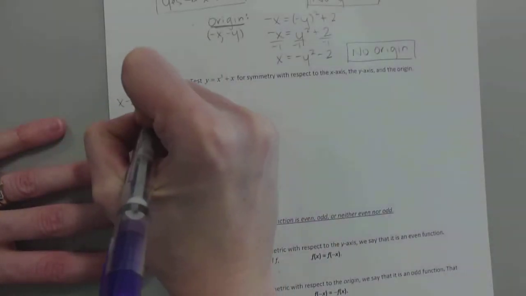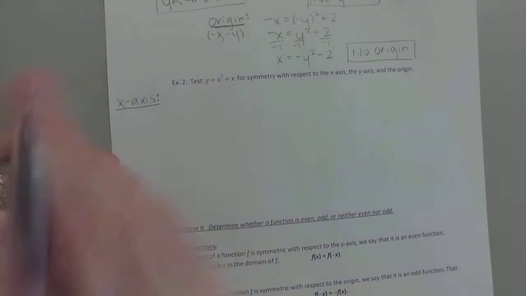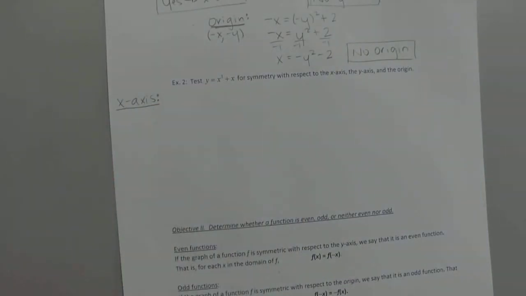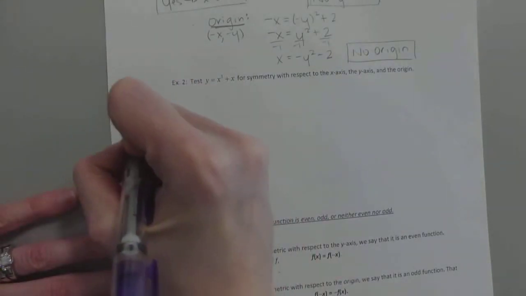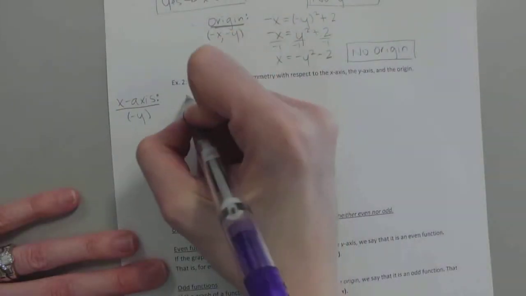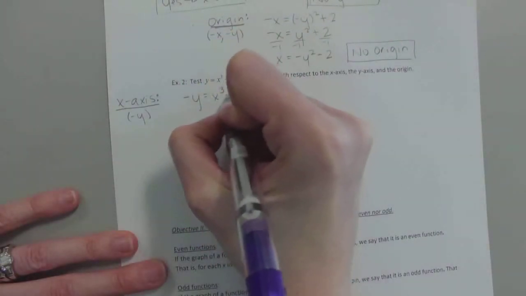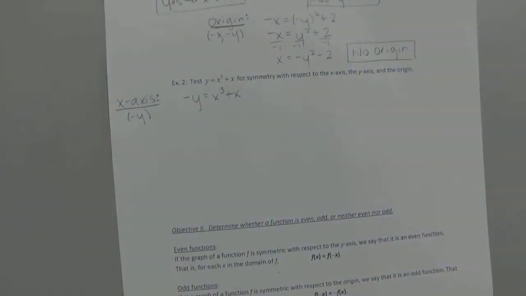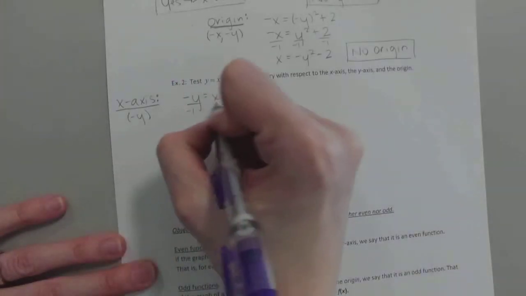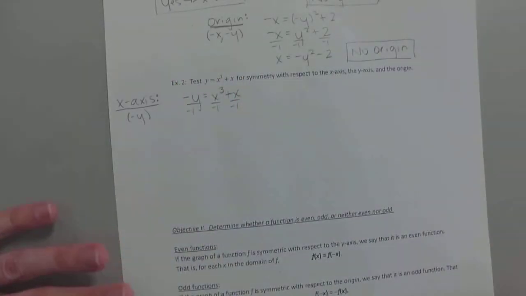We're going to do it for the equation y equals x to the third plus x. We're going to do the exact same things, testing for x-axis symmetry first. What do you need to do in order to test for x-axis? Plug in what? Negative y. So we have negative y equals x to the third plus x.